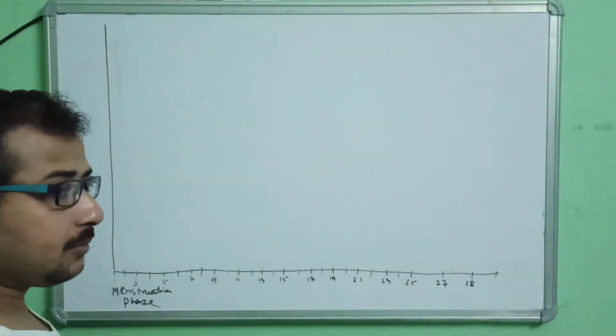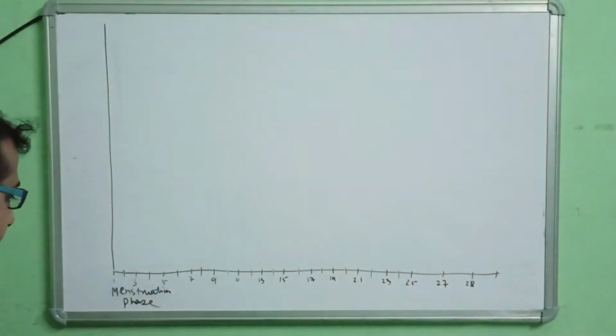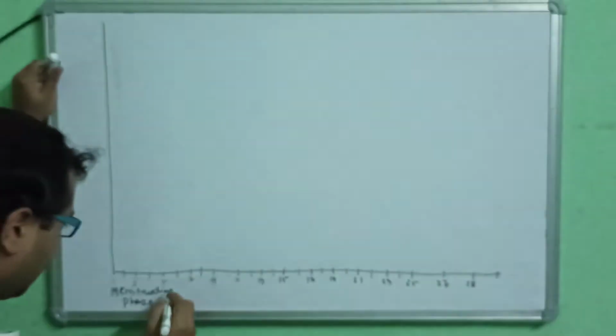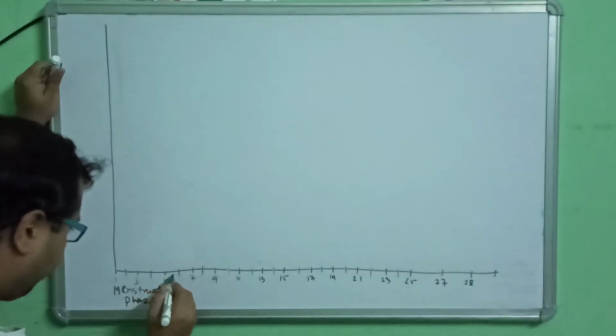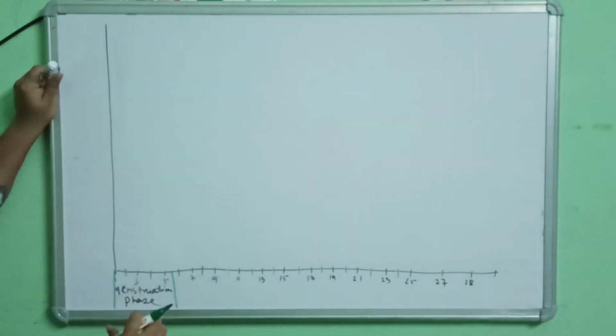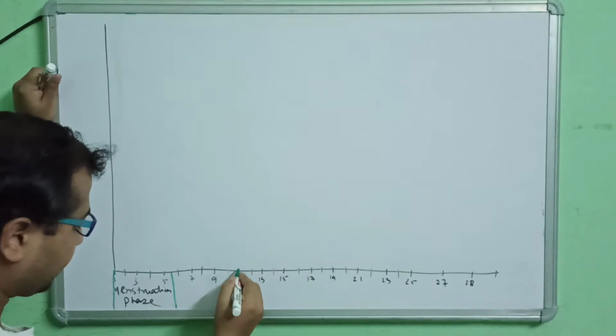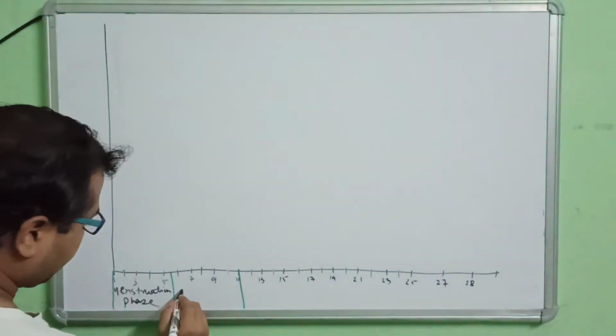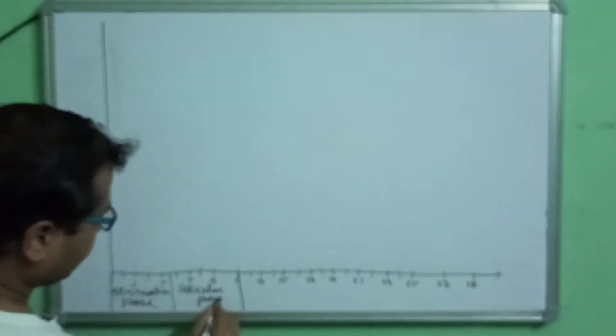Then it will be what? Follicular phase, from the 6th day, from here. So if I mark it in a different color, it will be understood. The green, let me do it. You can understand this is the menstruation phase here. From the 6th day to the 11th day on an average, this is the follicular phase.